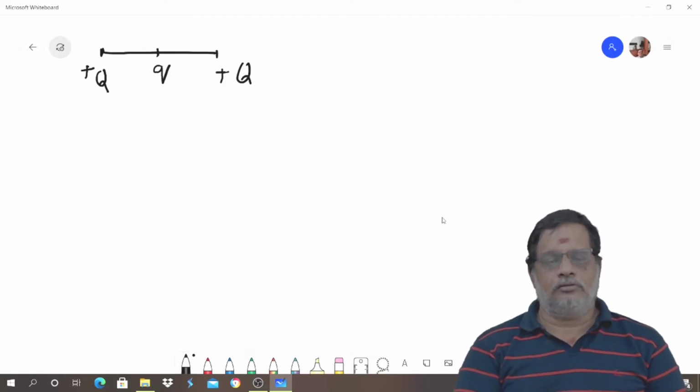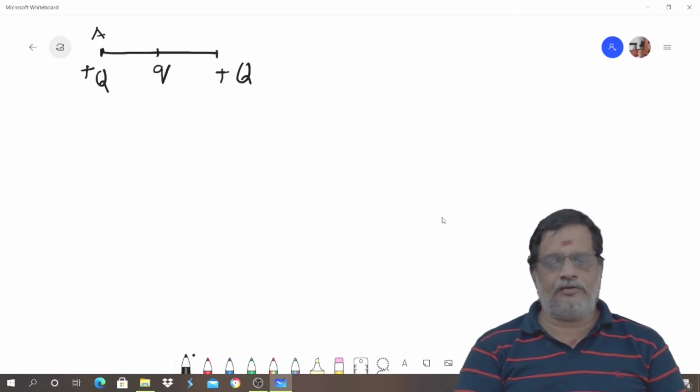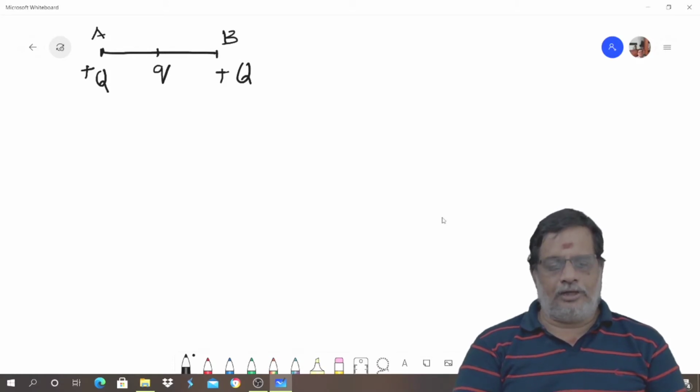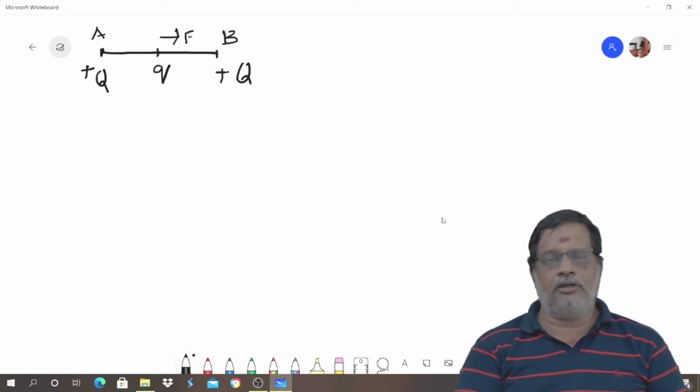Now you see this charge will be repelled by both the charges with forces of equal magnitude. Let us call this point A and this B. This small q will be repelled by the charge plus Q placed at A towards the right with the force F, and the same charge small q will be repelled by the charge plus Q placed at B with a force of the same magnitude F but in the opposite direction.